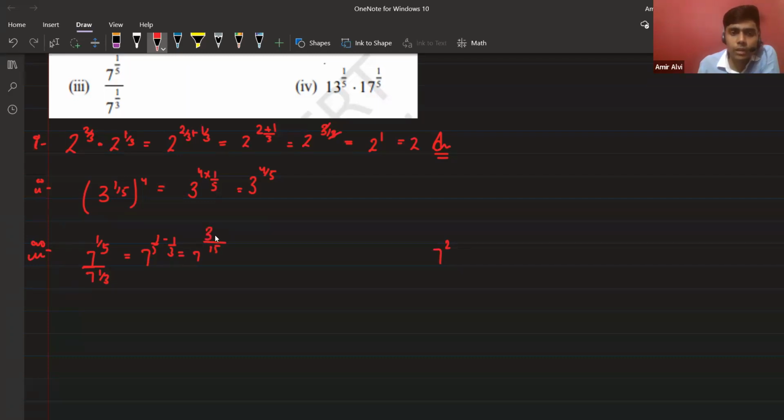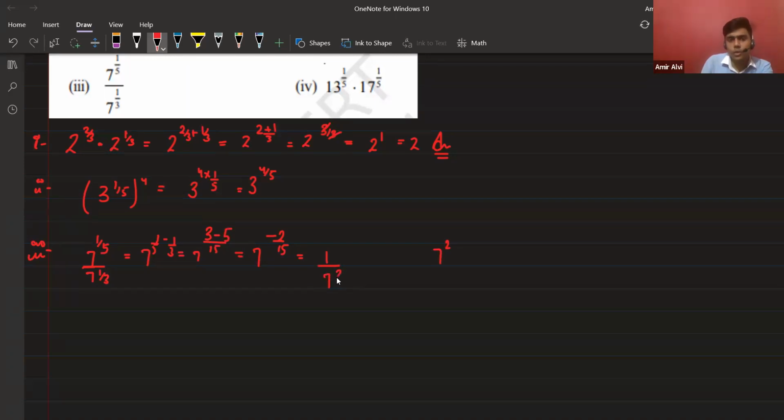If you divide 15 by 3, you will get 5, and 5 will get multiplied with the numerator. Minus 2 will be there upon 15.